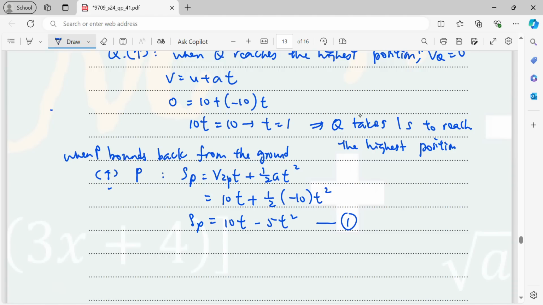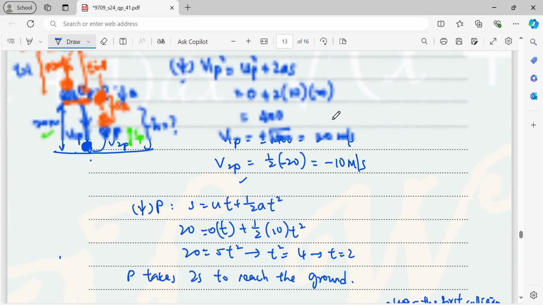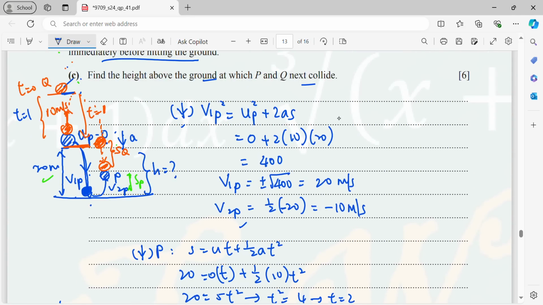Then now for my Q, because it goes down, therefore my SQ equals UQT plus half AT squared. Basically the UQ is the 10, because at this place, going with 10, the UQ will be 10.